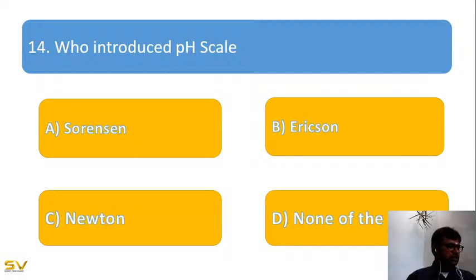So I got an answer from Ashok, it's Sorensen, very good. Razak, option A. Amrita, option A. Yes, Aisha, option A. Rihan, option A. Kanchana, option A. So very good. A lot of members are typing the answers very fast.